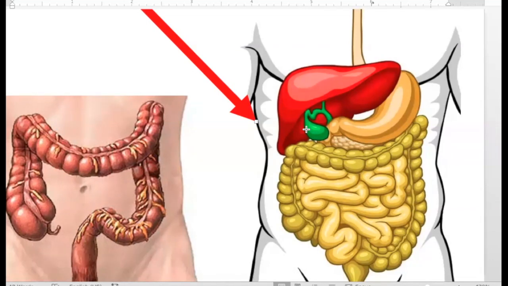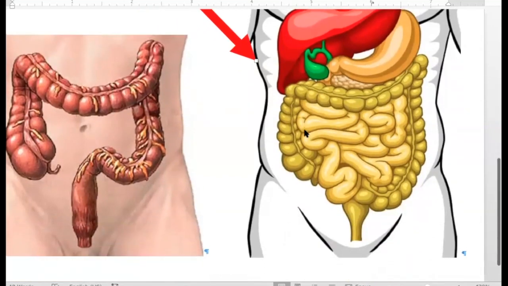Professor, can you show me the small intestine? Yeah, this is the small intestine. The big one, kind of. That's the large intestine. You're showing the stomach. Yeah, up there.